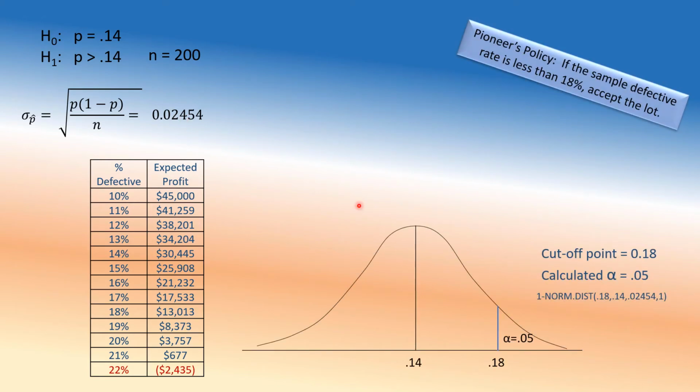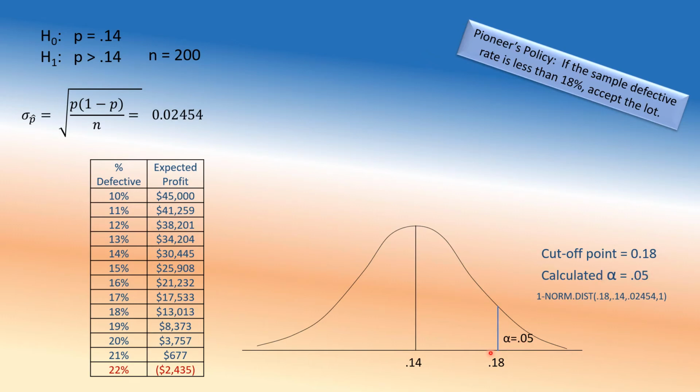Now something special about this problem is that I started by saying the cutoff point is 0.18, 18%. Normally we do not do that. Normally we say type 1 error is 5%, alpha is 5%. The reason I'm doing it this way is that when I say type 1 error is 5%, students get confused. It's hard to really connect type 1 error. But a cutoff of 18% is very intuitive.